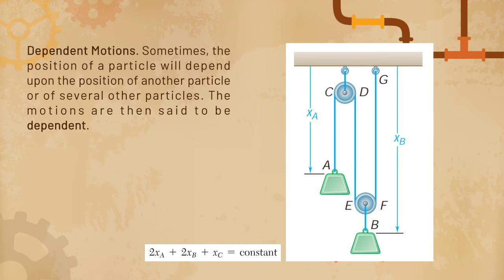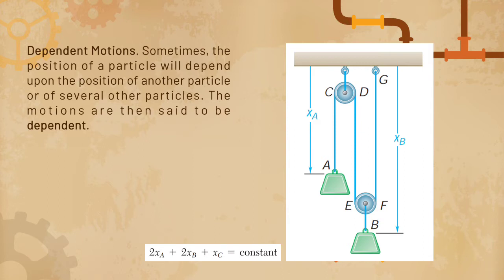Dependent motions. Sometimes the position of a particle will depend upon the position of another particle or of several other particles. The motions are then said to be dependent.